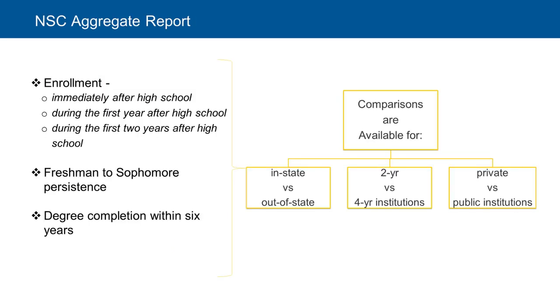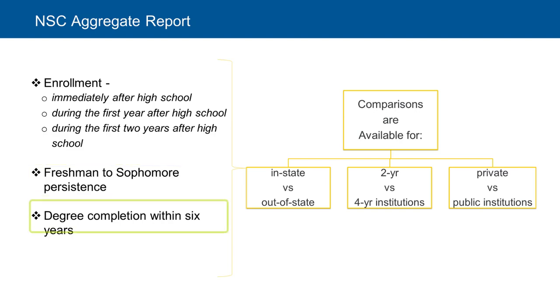Inside the Aggregate Report, you will find data and graphs showing enrollment for your students immediately after high school graduation, anytime during the first year after high school, anytime during the first 2 years after high school. You'll also see data and graphs for the percentage of students who enrolled who then persisted or continued till their sophomore year.